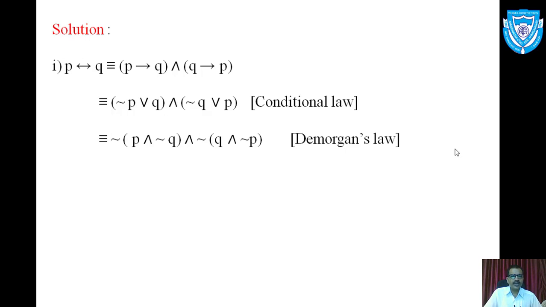De Morgan's laws we are using in the reverse direction. Negation of P or Q can be written as negation of P and negation of Q. And here also in the second bracket you can use De Morgan's law in the reverse direction. So it becomes negation of Q and negation of P.